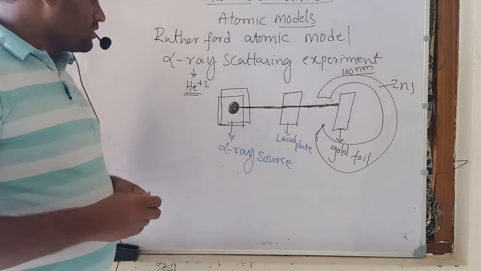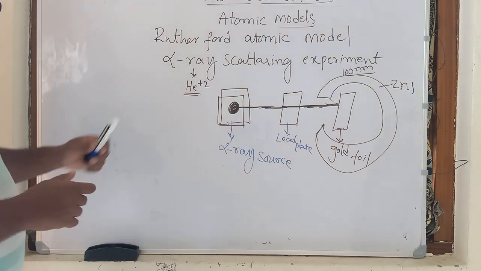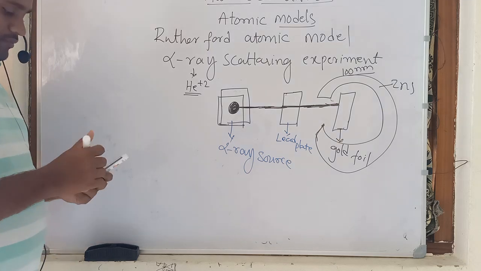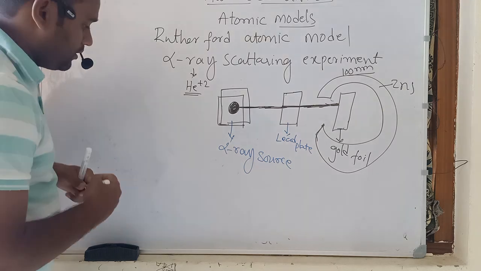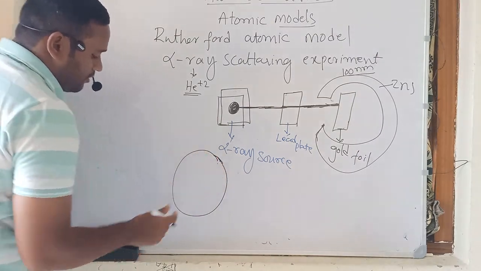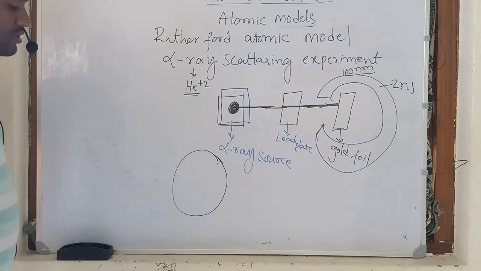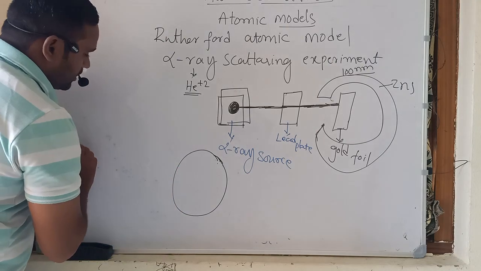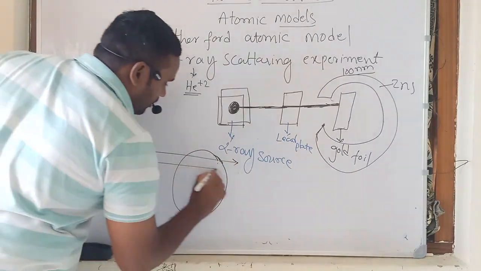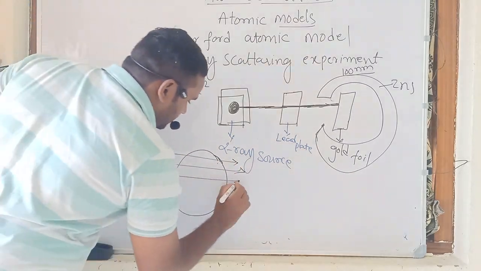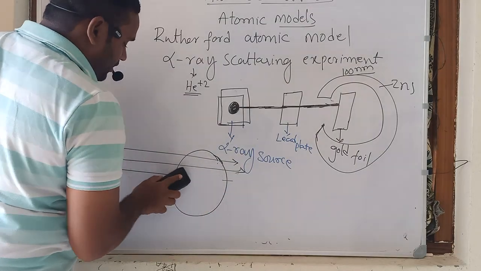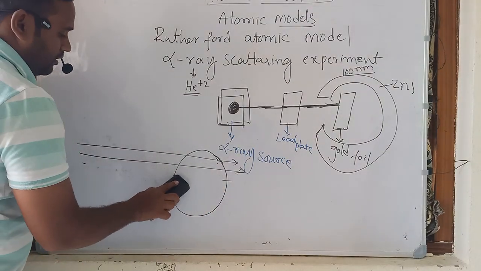Now, what are the observations made by Rutherford by doing this experiment? In his experiment he observed that, let us consider this is one of the gold atoms, most of the alpha particles are passing through the gold foil without any deviation in the path.